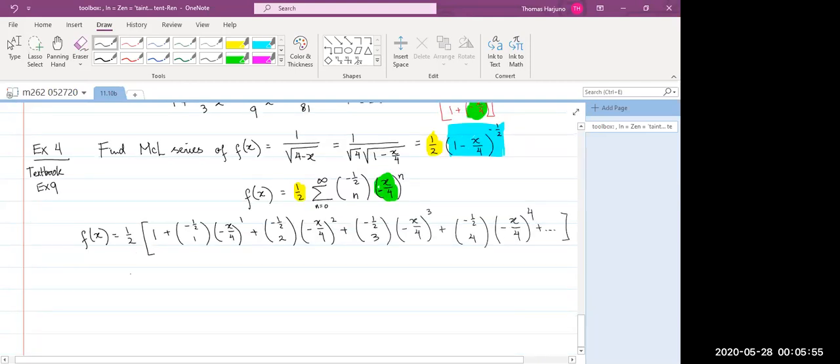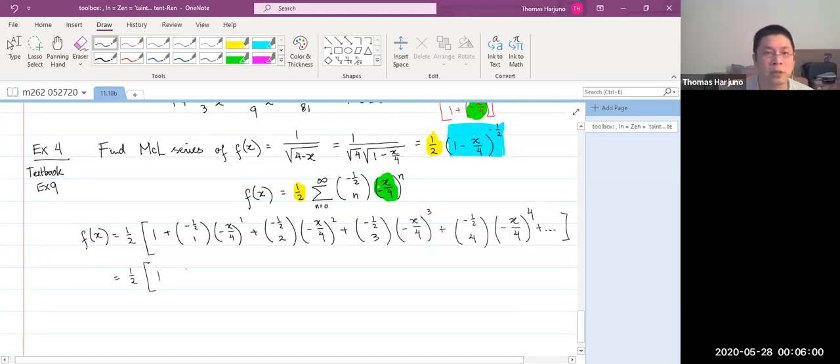Now let's compute. This is 1/2. This is negative 1/2 times negative x over 4. This is negative 1/2 times negative 3/2 over 2 times 1.